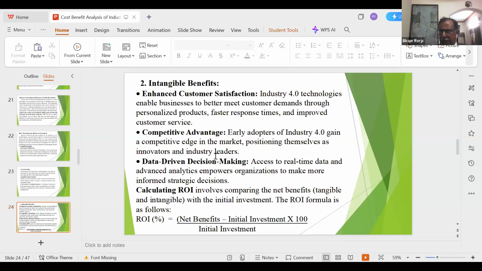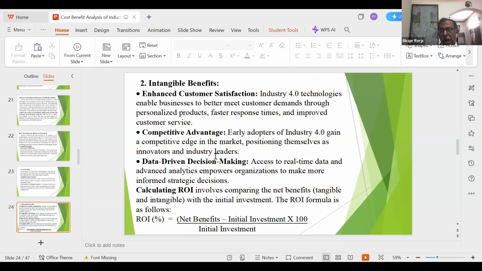The early adopters of Industry 4.0 gain a competitive advantage in the market, positioning themselves as innovators and industry leaders. Data-driven decision making is the third one. Access to real-time data and advanced analytics empowers organizations to make more informed strategic decisions.